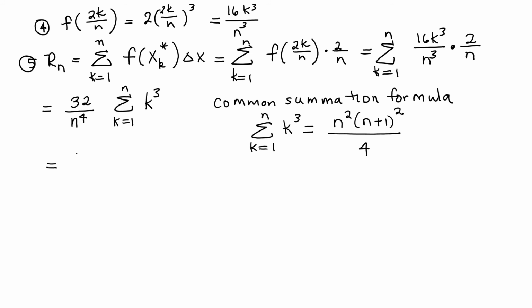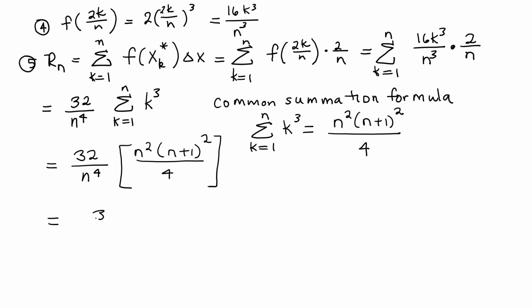So now we've got 32 divided by n to the 4th times n squared times the quantity n plus 1 squared divided by 4. Let's continue with our algebra.